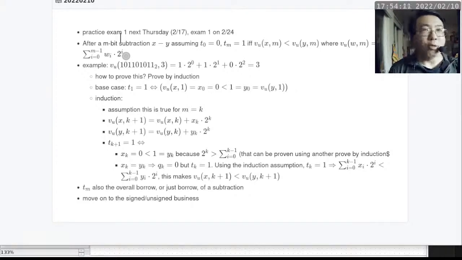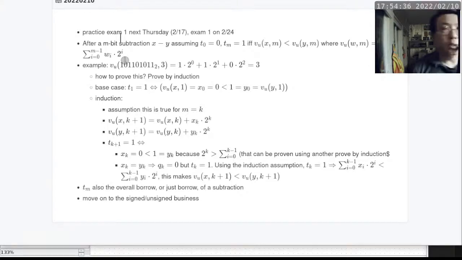That's the only importance of VUWM, because I want to define what it is. And if you remember, this actually comes from the base conversion module, which has something exactly like this, but generalized to any base, so 2 was replaced by B as a base.